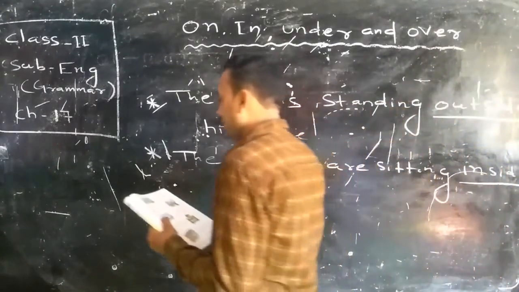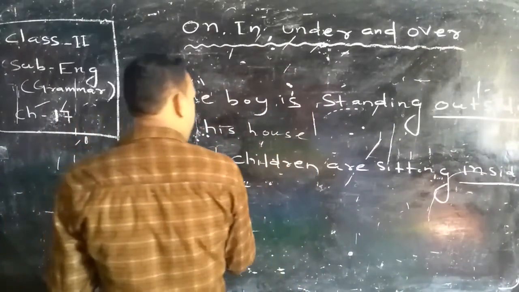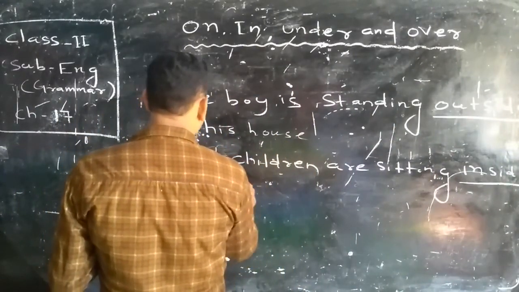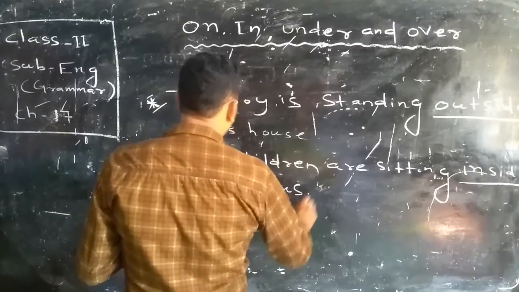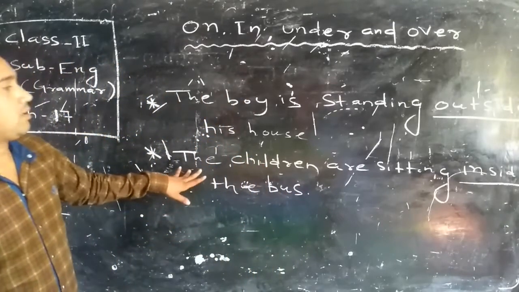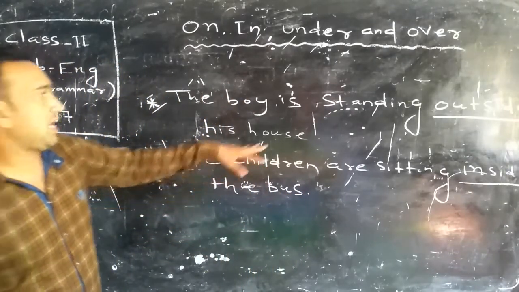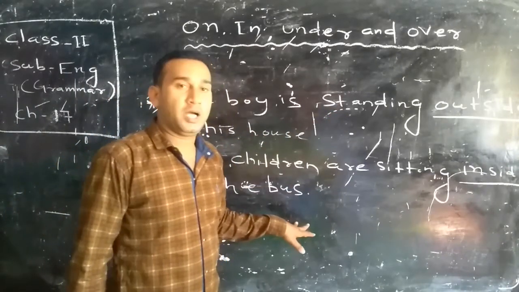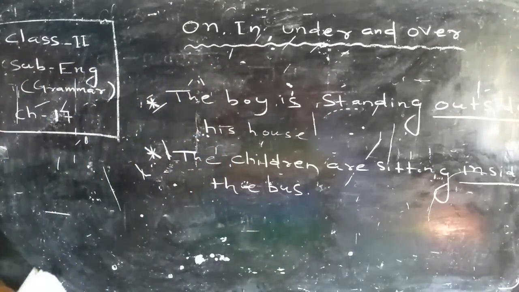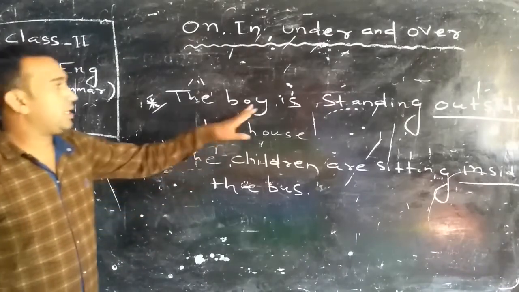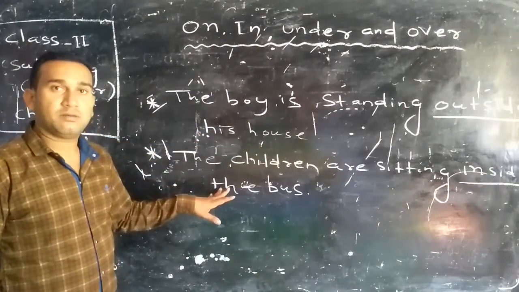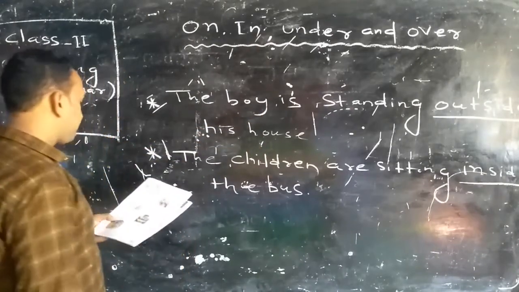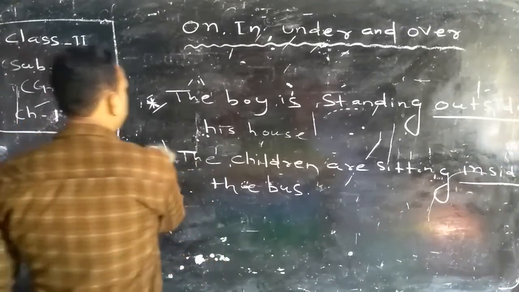Inside में बस के अंदर. Inside the bus. कुछ बच्चे जो है बस के अंदर बैठे. आउटसाइड में बाहर, इनसाइड में अंदर. ओके, ठीक है. ये घर के बाहर, ये बस के अंदर. ओके. देन नेक्स्ट नंबर.